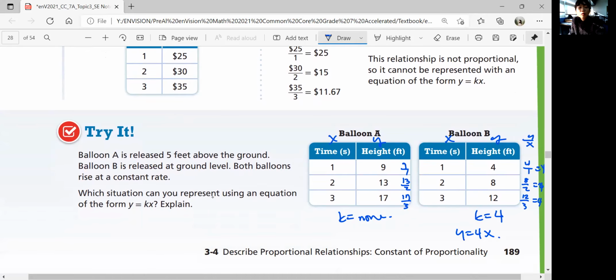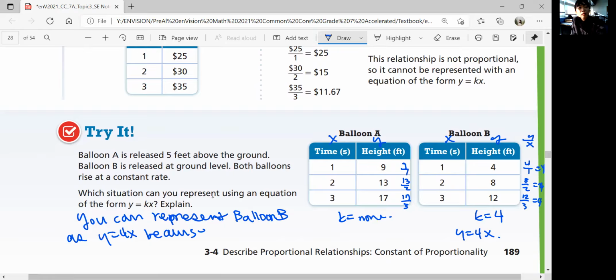So you can represent balloon B as y equals 4x because it has the constant of proportionality k equals 4.